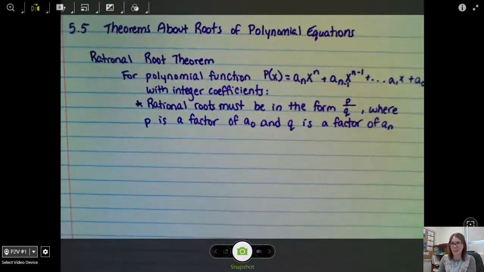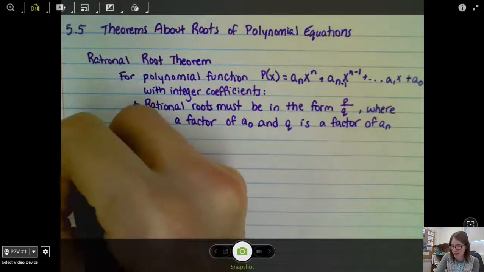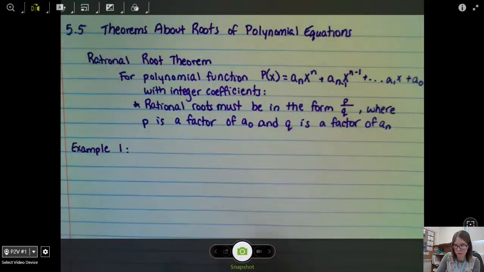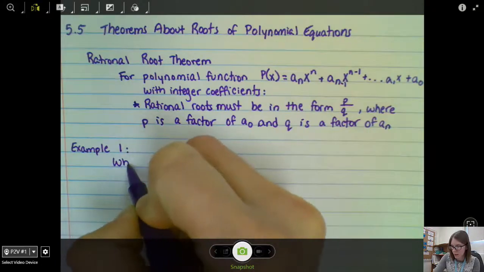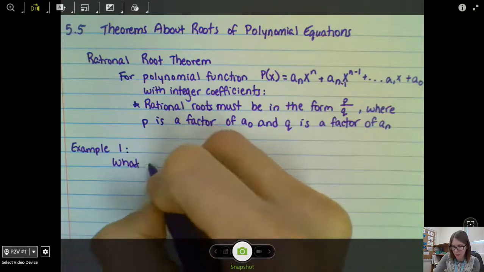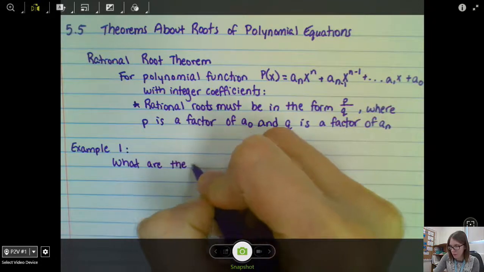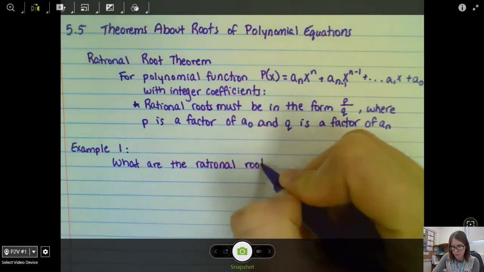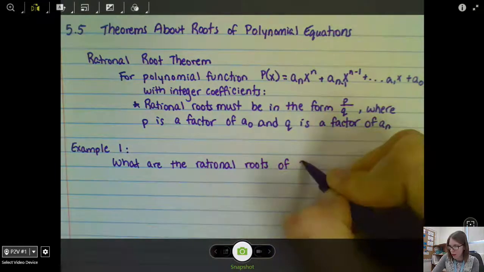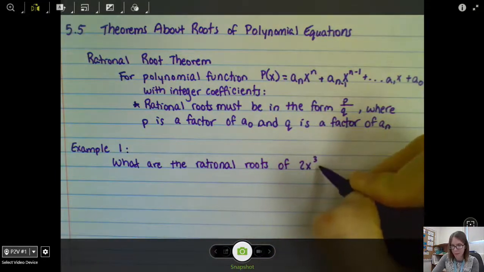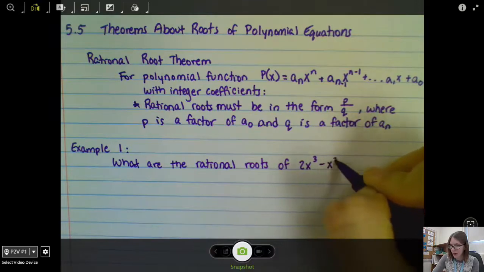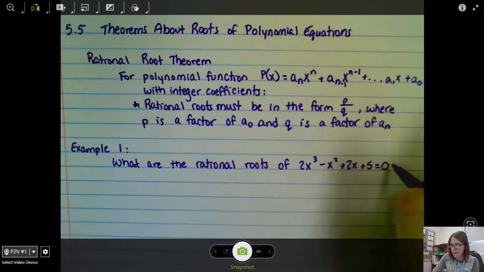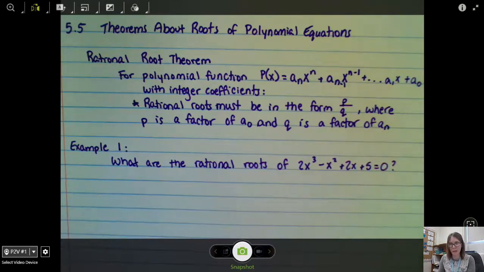So let's dive in with example 1 here. In example 1, we are trying to find the rational roots of our equation 2x to the third minus x squared plus 2x plus 5 equals 0.